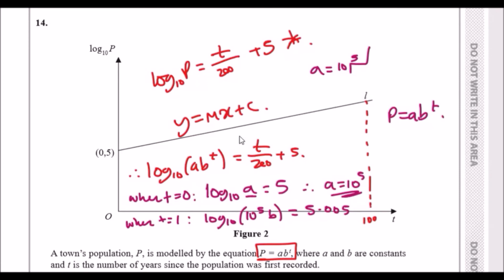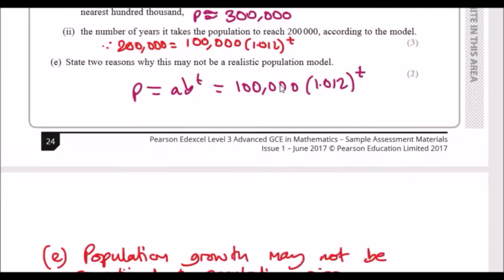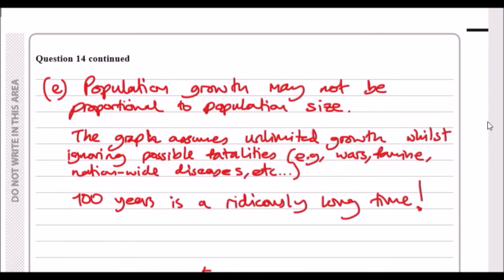This is also unrealistic because it lasts for 100 years, and anything can happen in 100 years. There might be loads of hazards, for example wars, famines, diseases, and this alone will affect population growth. It may increase the death rate and reduce births. I wrote a few answers and looked at the mark scheme to see if they're in line.